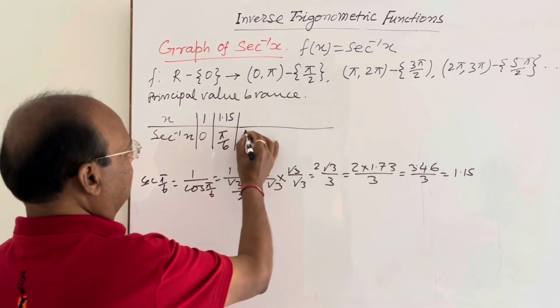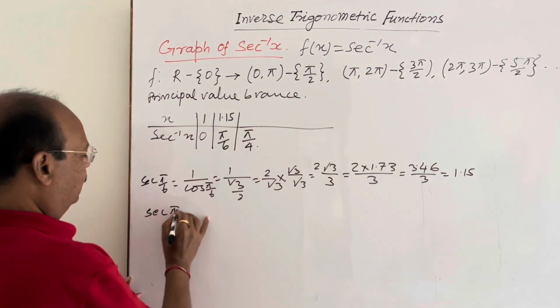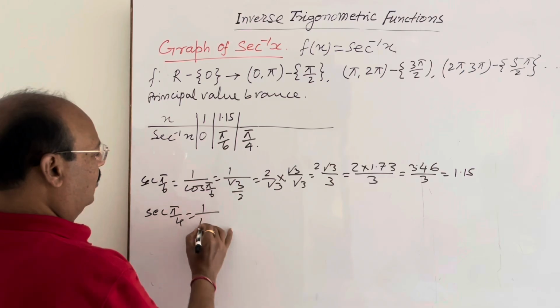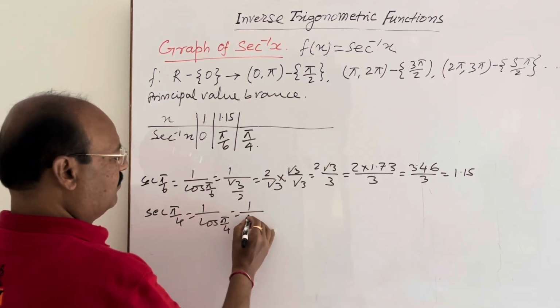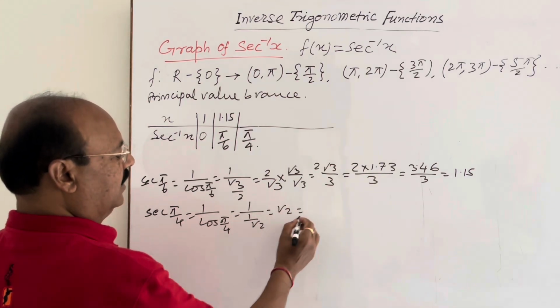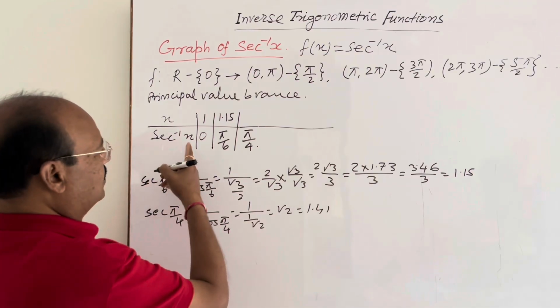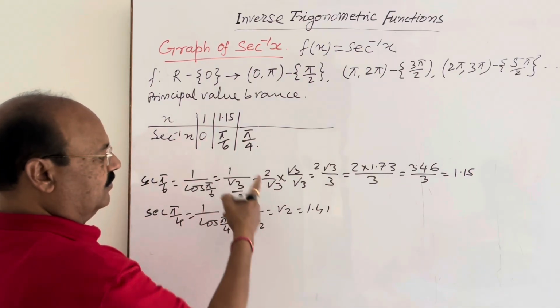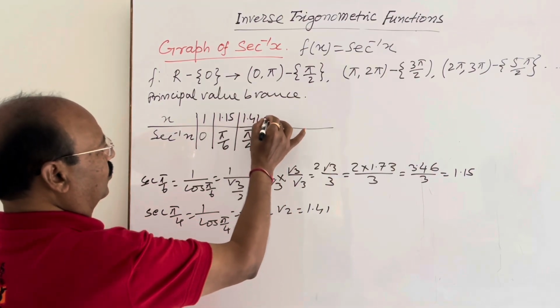Now we'll take 45 degree. 45 degree is pi by 4. So sec pi by 4 is equal to 1 upon cos pi by 4, and cos pi by 4 is 1 upon root 2, so this is equal to root 2, and the value of root 2 is 1.41. So sec inverse of x when x is pi by 4, value is 1.41.